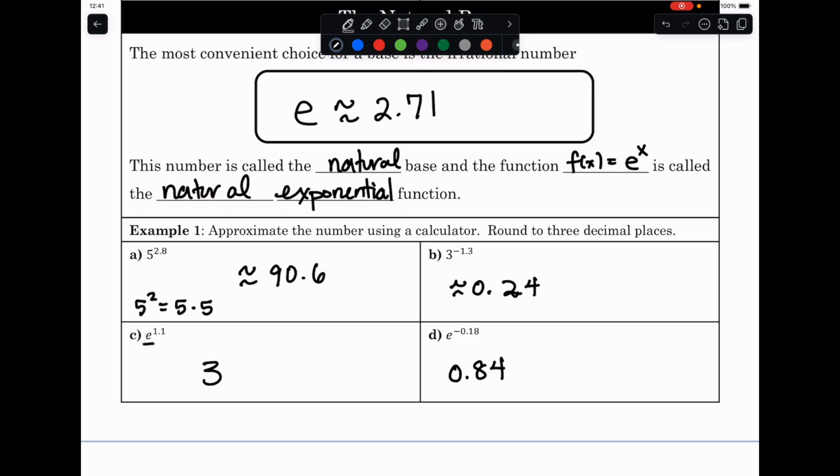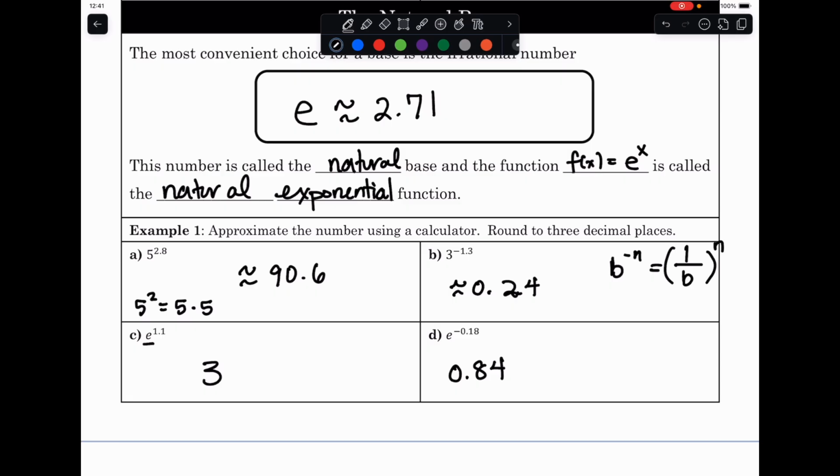Now, there is a key significance between having a positive exponent and a negative exponent. You'll notice that those values are less than 1 when our exponent is negative. And the reason for that is the negative exponent rule: if I have a base and I raise it to a negative power, that becomes the reciprocal of that base raised to the positive power.